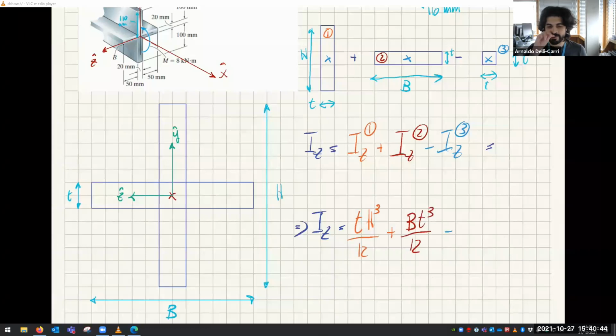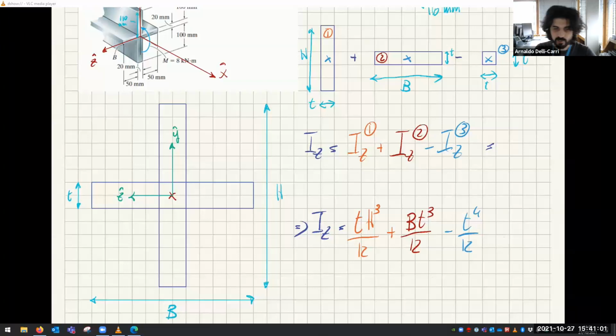So a square is just a rectangle with equal edges. So it's T to the power of 4 divided by 12. That's it. So if you do this, you get a number.